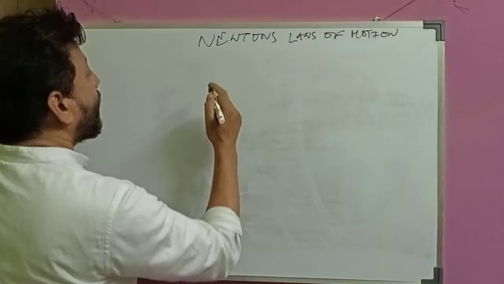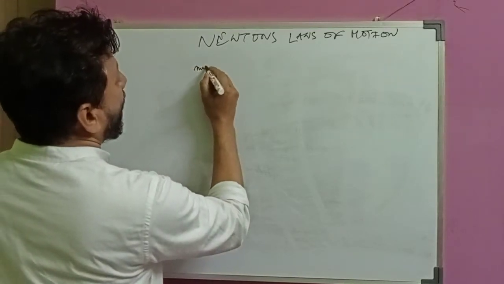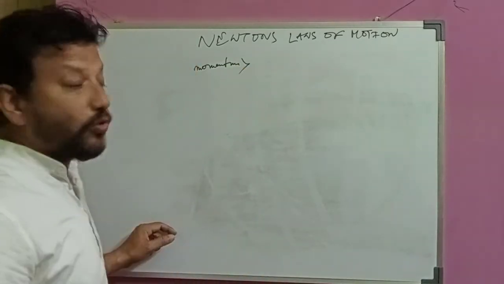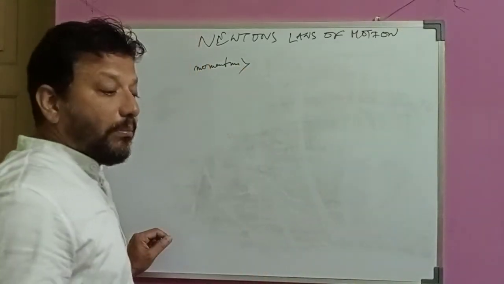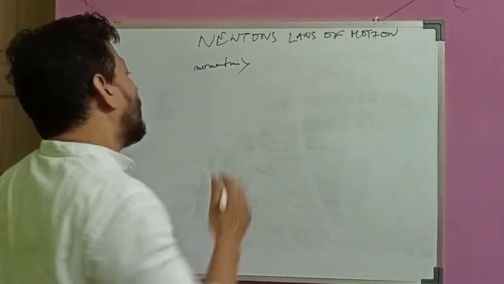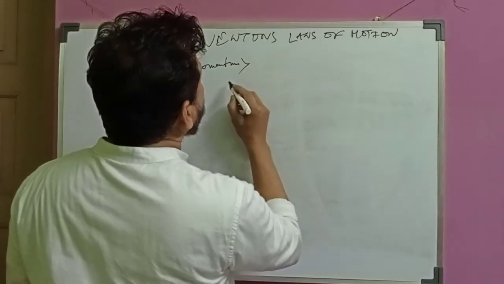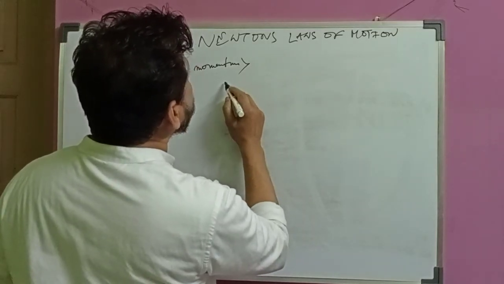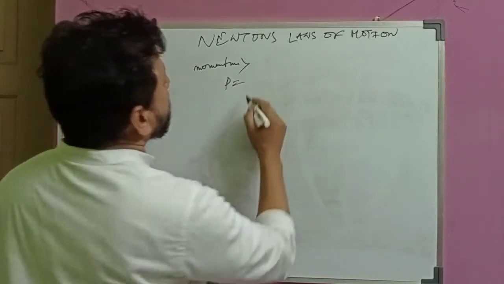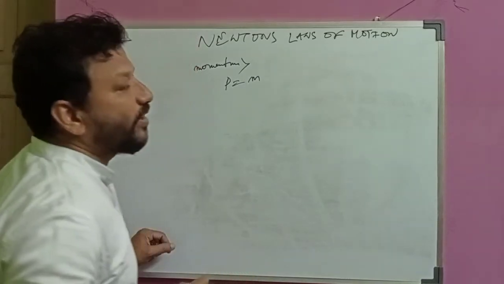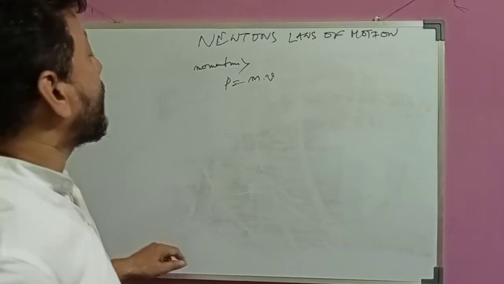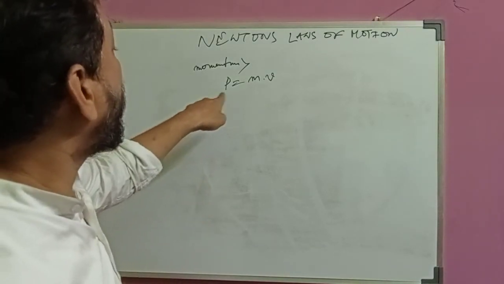So first, momentum, as I told you, is a combination of mass and velocity. So if we denote this momentum with P, and M denotes the mass, and goes with the velocity v, this is the formula of momentum.